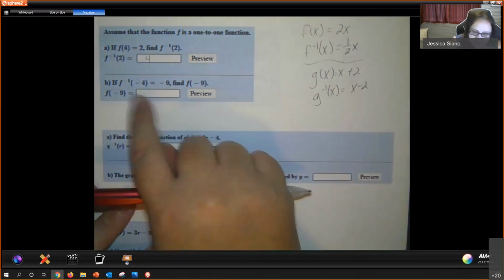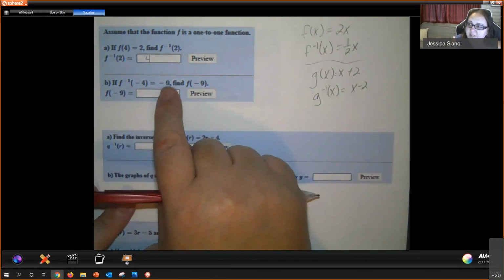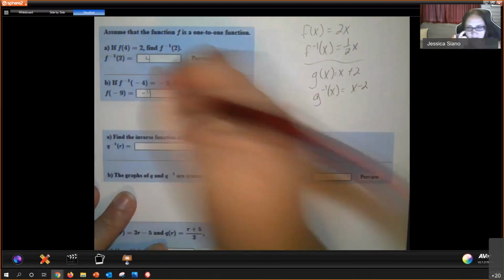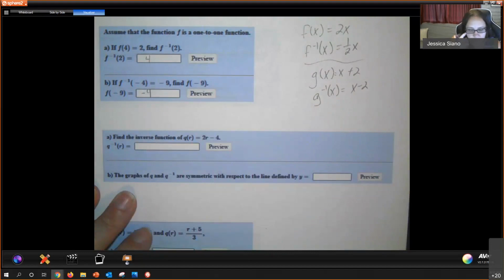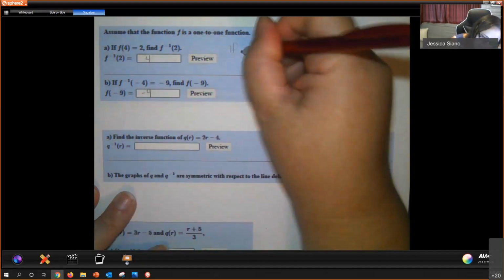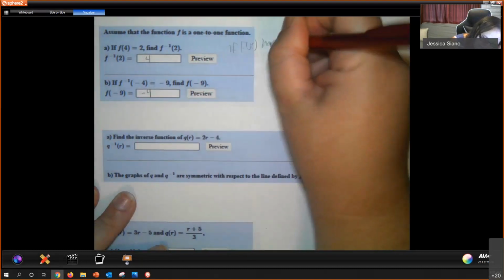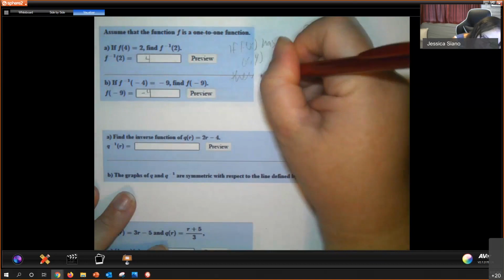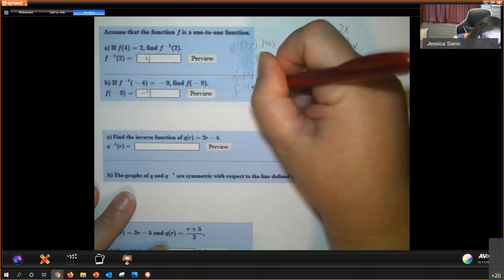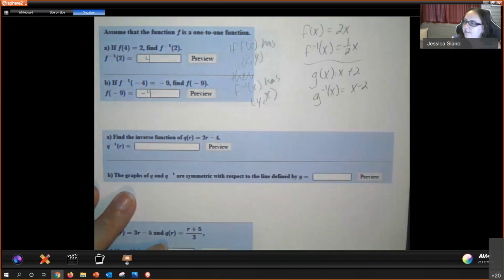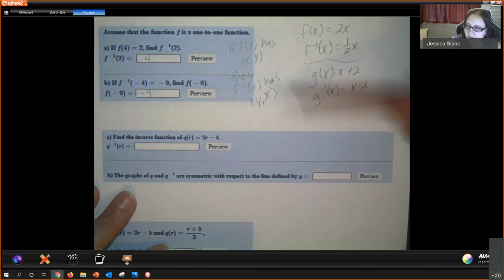And if I know that negative 4, negative 9 is on the inverse, then I know that negative 9, negative 4 is on the original. Okay? So if f of x has x y, then f inverse of x has y x. Okay? And this works both ways.